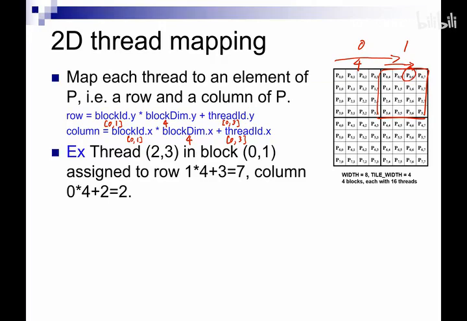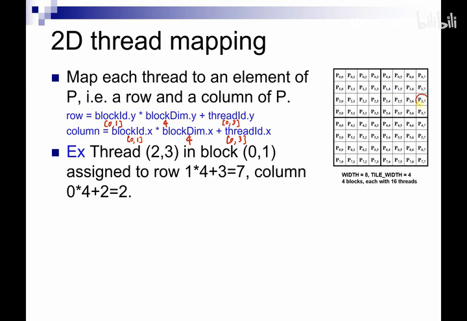So for example, you have thread 2.3, where is this one? Thread 2.3 in block 0.1. So 0.1 is going to be this block, and 2.3, I suppose, is going to be this guy.